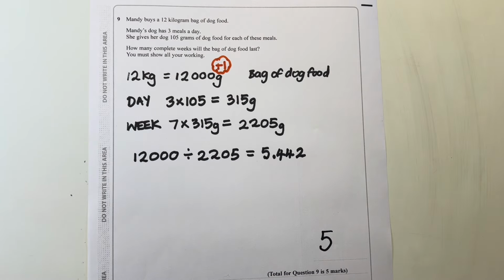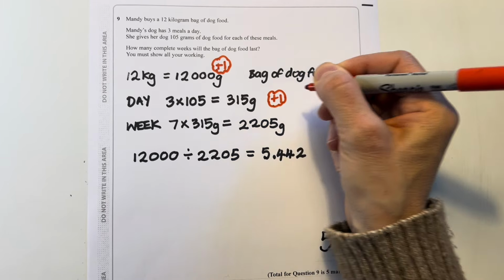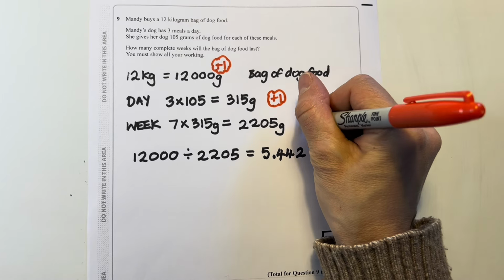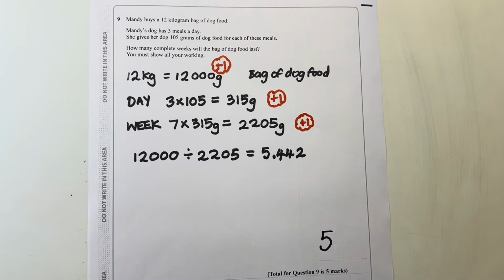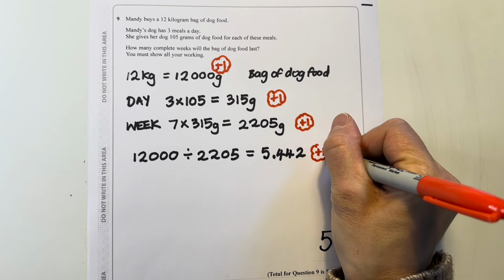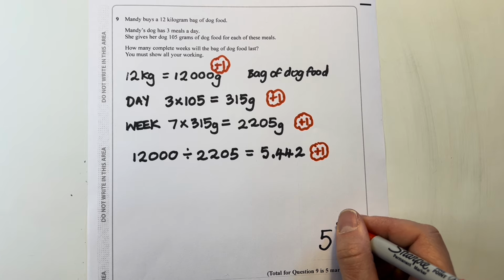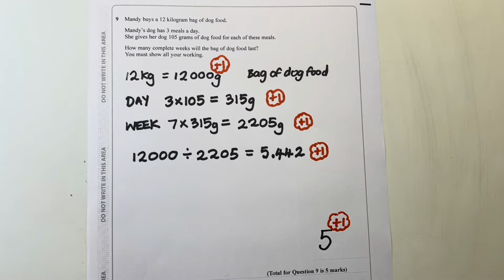To find how many grams are used in one day gives a second mark, and how many in 1 week gives a third mark. To work out how many weeks get out of the bag gives the 4th mark, and realising that we need just the 5 for how many complete weeks gives the 5th mark.